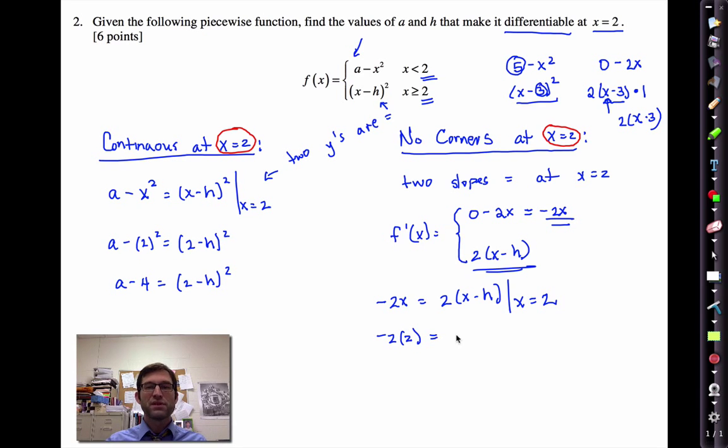But look at what happens when I throw in the x equals 2. Now many times at this point you still have the two constants, in which case you still have to solve a system. But here you are solving a system, it's just an easier one, right? It's just an easier one.